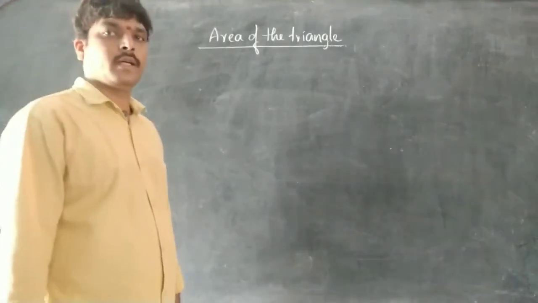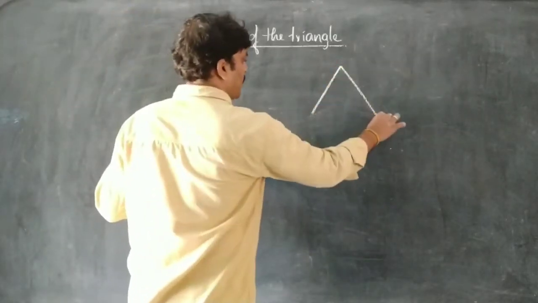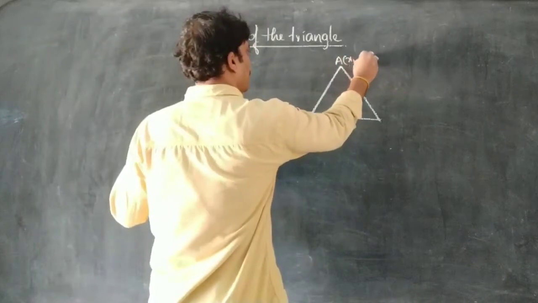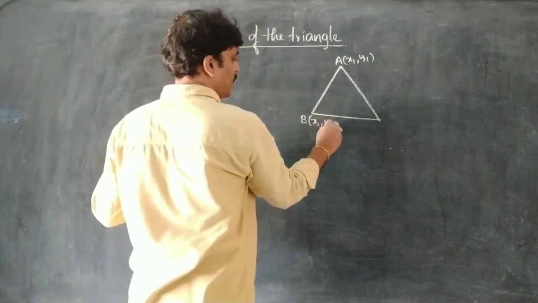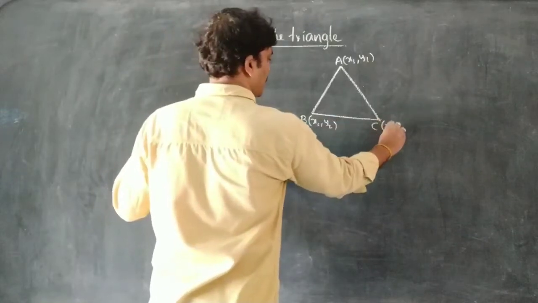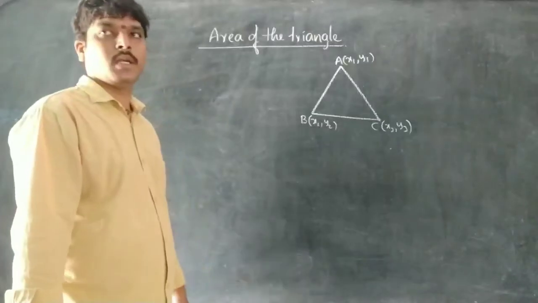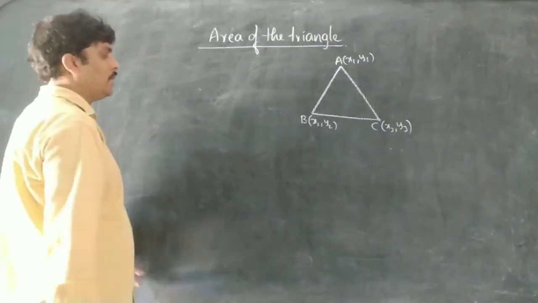Now area of the triangle. Here in the triangle, A x1 y1, B x2 y2, C x3 y3. There are three vertices of triangle ABC. Find the area of the triangle. Okay, now area of triangle we have a formula.